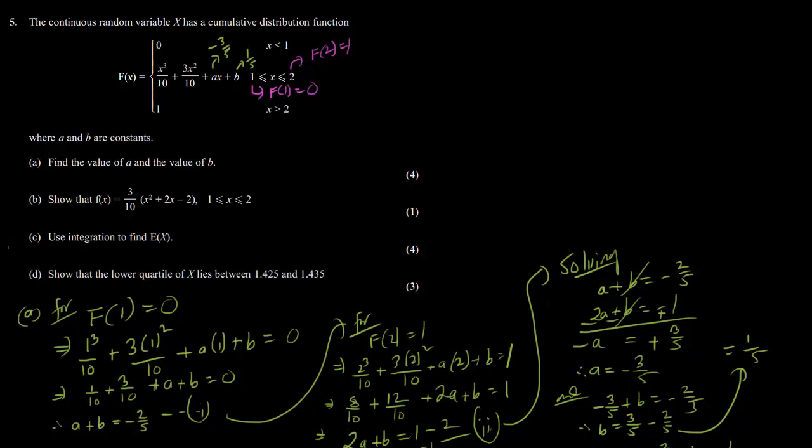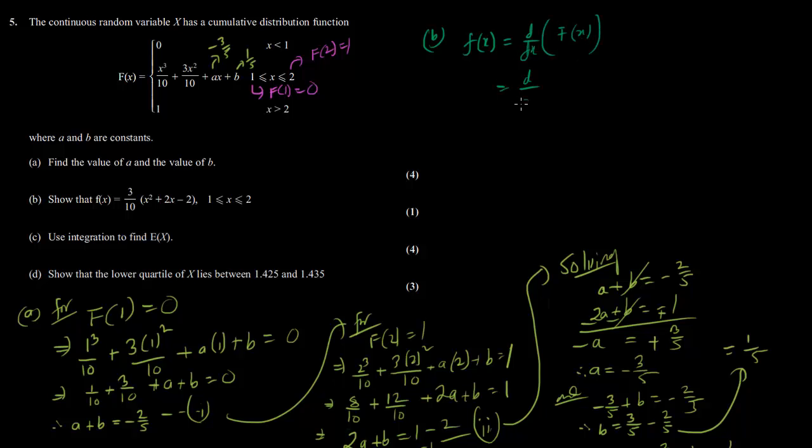The next question. Show that small f(x), or PDF, is that one. What that means basically is we have to do the derivative. So remember, the PDF, or small f(x), the probability density function, is d by dx of the cumulative function.